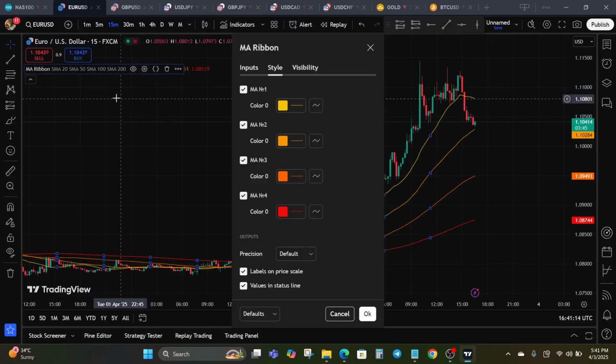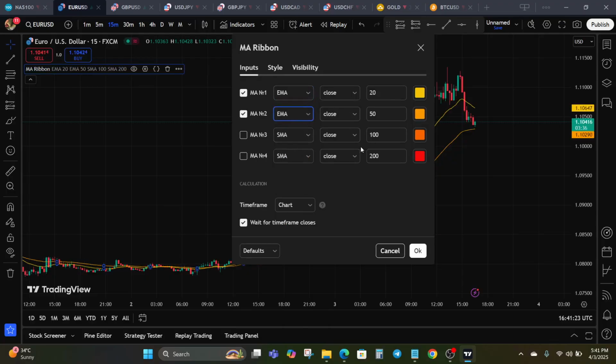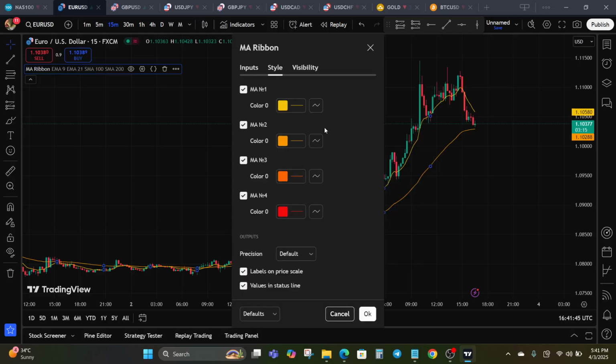We're going to be using the ribbon, specifically the exponential moving averages. You can add these moving averages individually, but I decided to use the ribbon so that I can put them on at once. We're going to be using the 9 EMA and the 21 EMA. These two EMAs, the 9 period and 21 period, are perfect for scalping. They help you identify the short-term trend and potential reversal points.